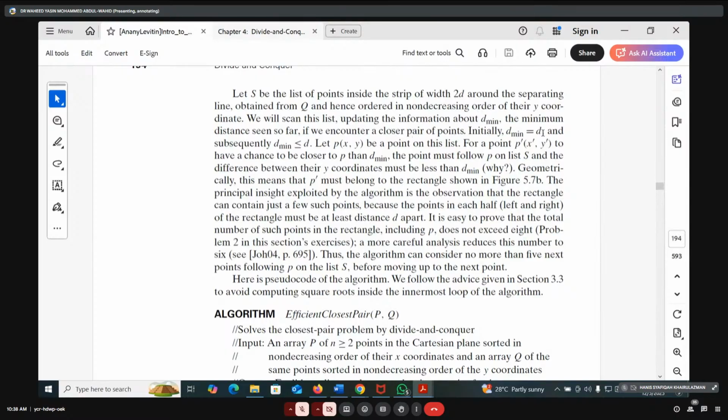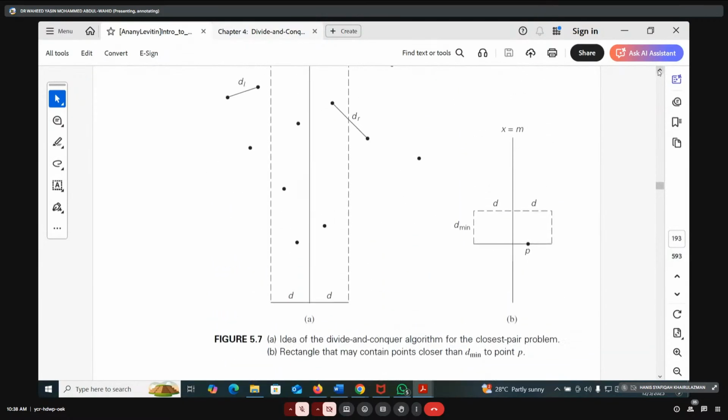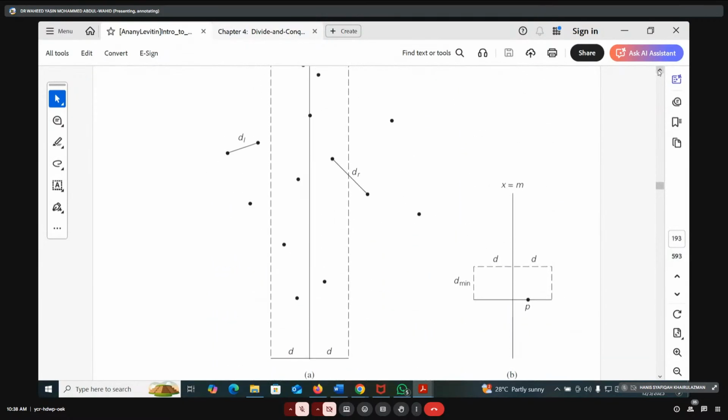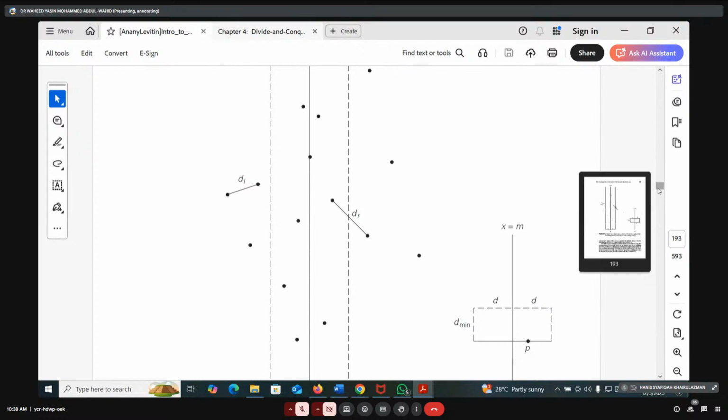Initially D min equals D, and subsequently D min is less than or equal to D. These are the points that I'm talking about. Here, this is the distance between the points.